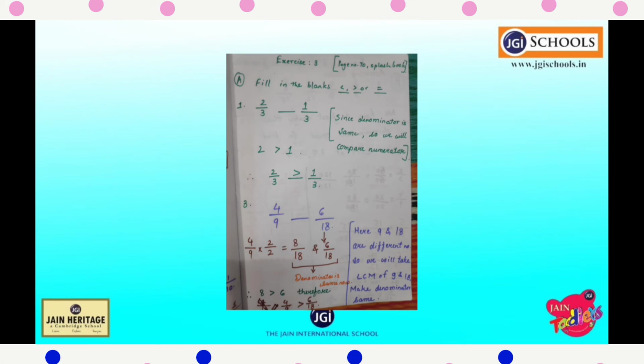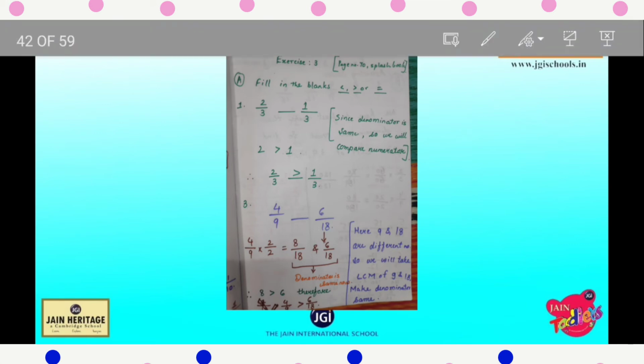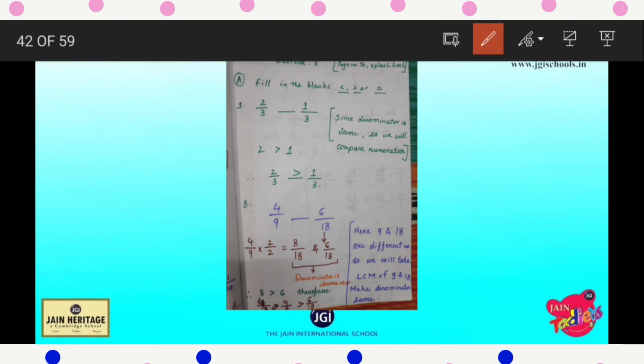You have to multiply the numerator and denominator by the number by which you will get the denominator as 18. Therefore, we will be multiplying by 2, because we want 18. So 9 twos are 18.